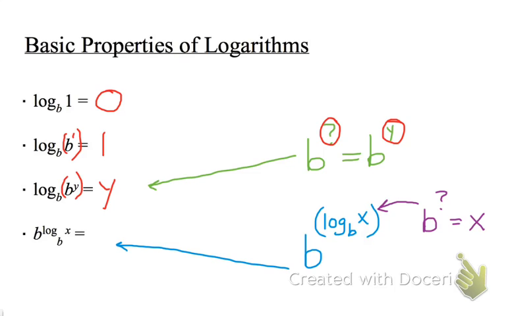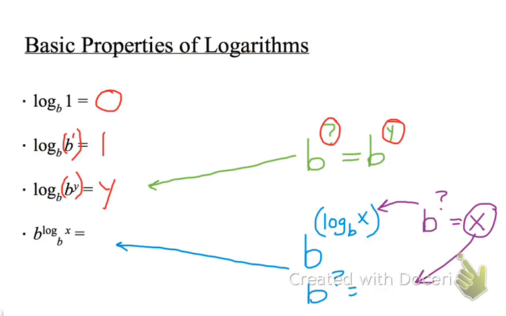equals x. An unknown power of b equals x. Well, this blue expression is what this right here is saying. What is this unknown power of b? And the purple expression tells us the unknown power of b right here is x.